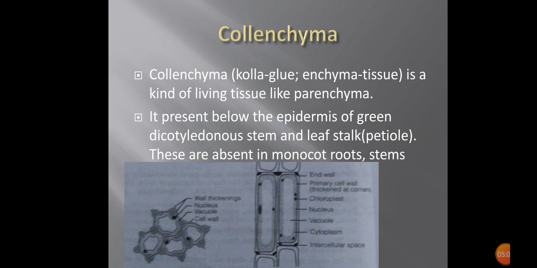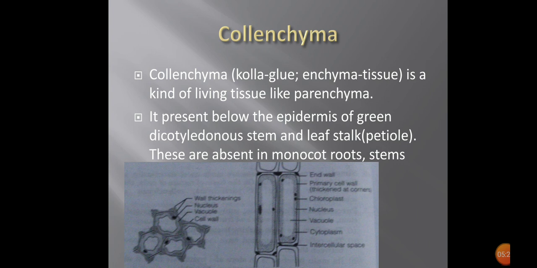It is present below the epidermis of the green dicotyledonous stem and leaf stalk. So these are absent in monocot roots, stems and leaves. So the main function of the collenchyma is giving the flexibility to the plant without breaking. It also provides mechanical support to the plant.